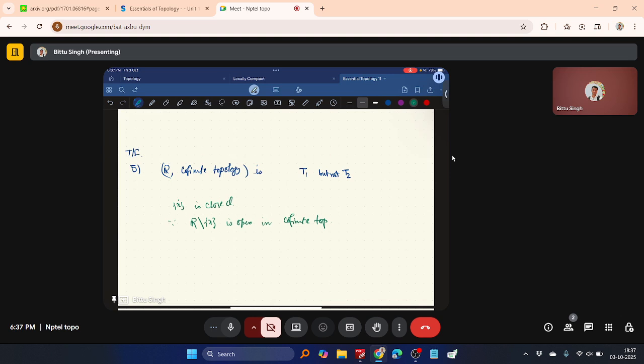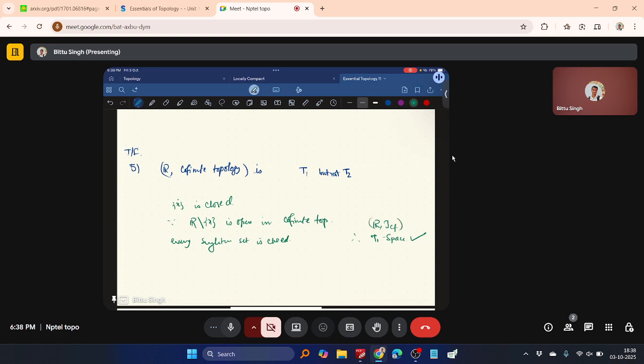So from here it is clear that every singleton set is closed. Therefore, this is T1 space. So the first part is okay. R with cofinite topology CF is T1 space.